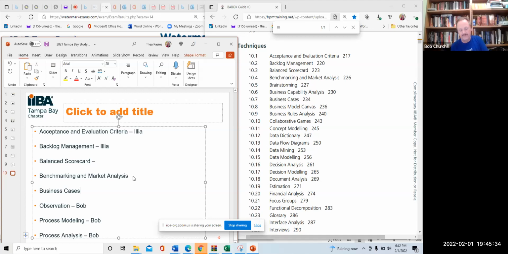Brainstorming, some benchmarking, concept modeling, data dictionary, data flow, data mining, data modeling, decision analysis, document analysis, estimation, financial analysis, functional decomposition, interface analysis.